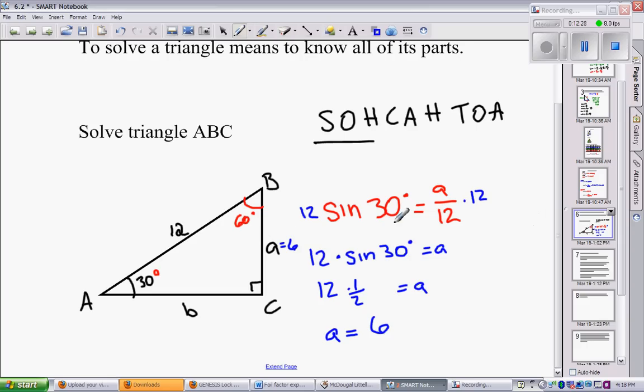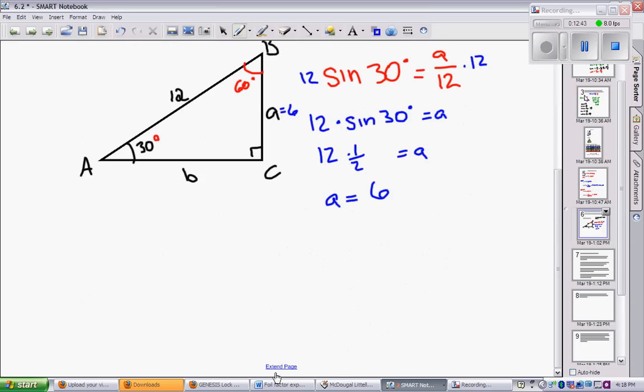So now we can figure out B 2 different ways. We could either use Pythagorean theorem or we could use the cosine. So since we're doing trig functions, let's do the cosine. The cosine of 30 degrees, so you have your adjacent B over 12.